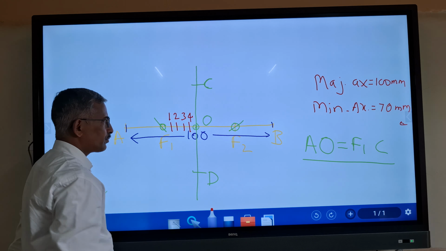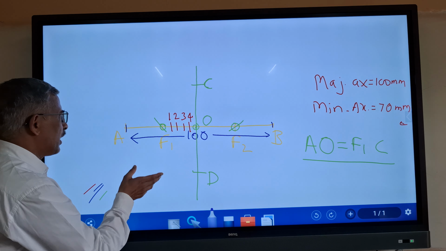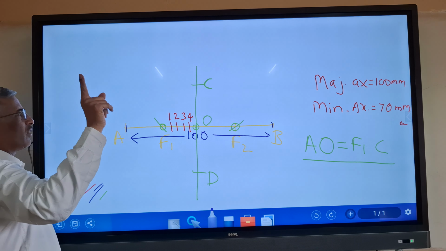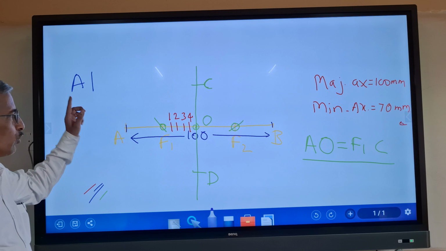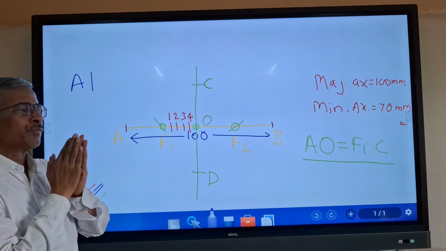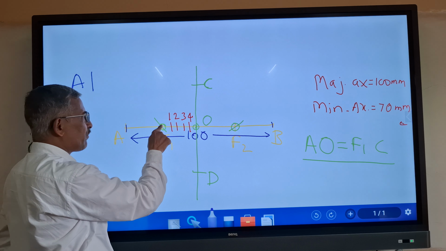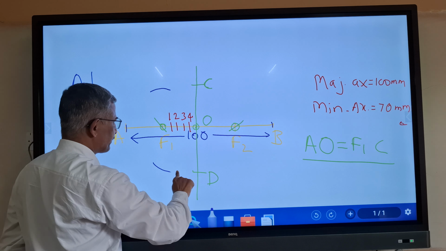The next step, which is a very important, crucial step, remember that first of all you have to take A1 in your compass. A is here, 1 is here, A1 in compass. From F1, cut 2 arcs above and below that.